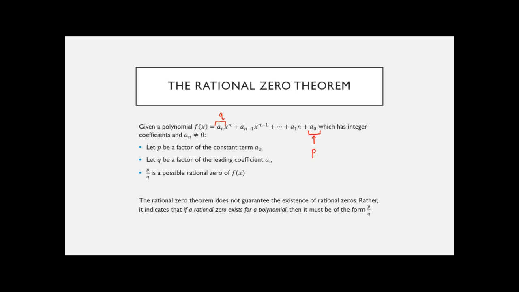Now, the rational zero theorem does not guarantee there are rational zeros. It just says if there is one, it's in this form, and it will be on this list. That's all. So sometimes you have a list of possibilities and none of them are zeros, and that's fine. It's just giving you some numbers to check so that you're not just picking random numbers to try to find zeros.